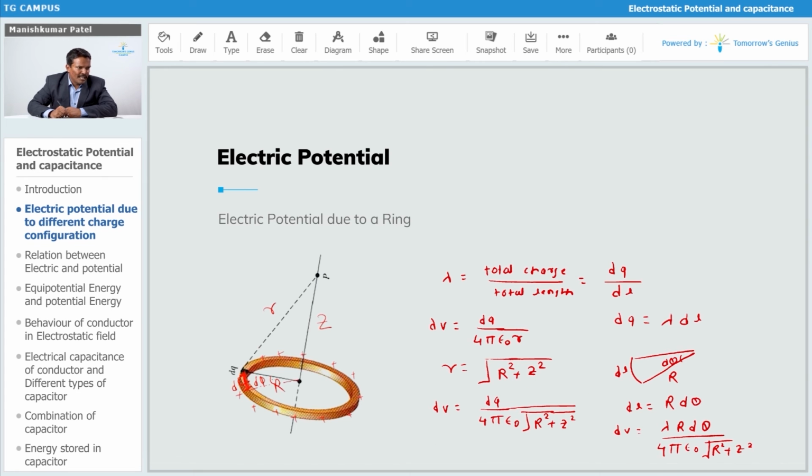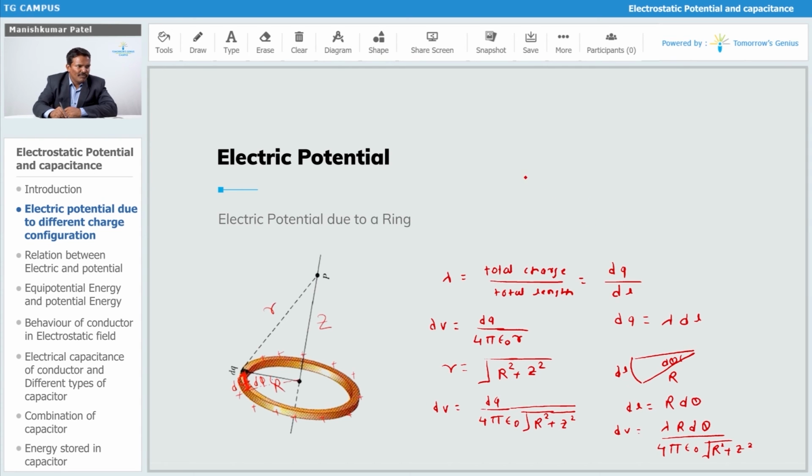So that is lambda R d theta. Then I will do the integration for that d theta. This d theta varies from 0 to 2 pi.